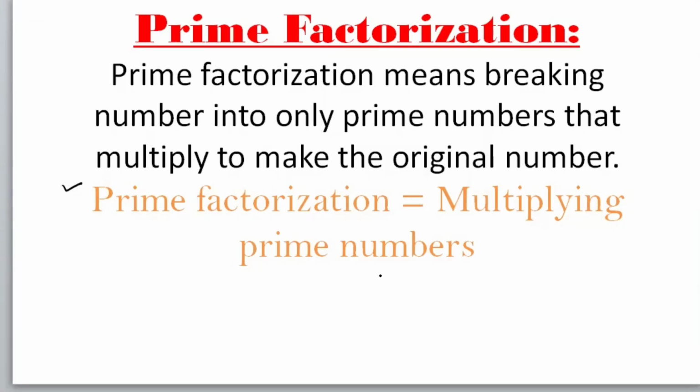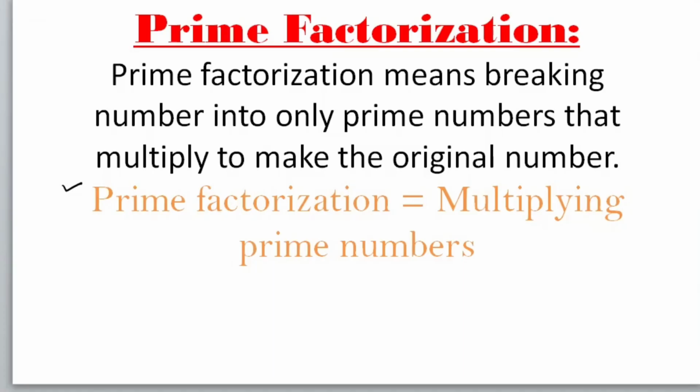Today we will break numbers into their smallest building blocks, called prime numbers. That is prime factorization, in which we break the number into only prime numbers that multiply to make the original number. Now we will see how we can find the prime factorization.